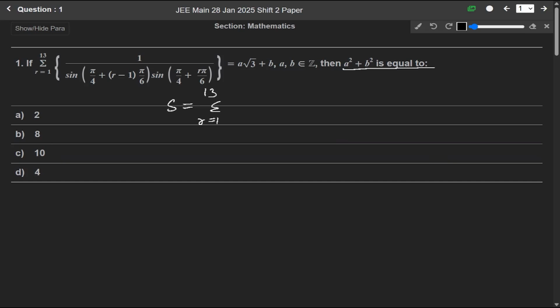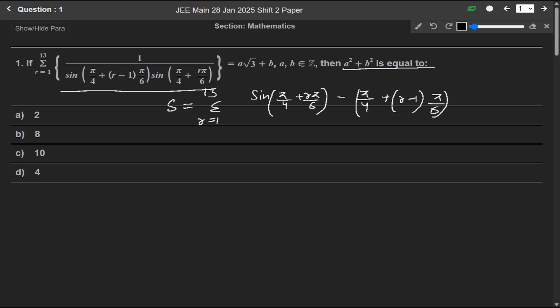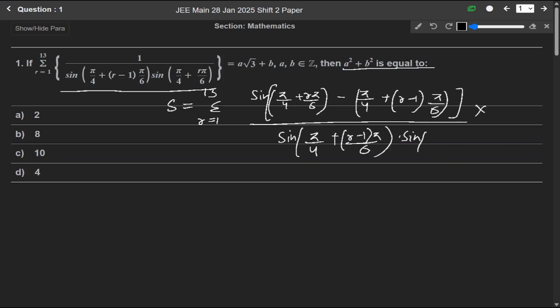So we are given the sum over r equals 1 to 13 of this term. We can write it as sine(pi/4 + r pi/6 minus (pi/4 + (r-1)pi/6)) in the numerator, with denominator sine(pi/4 + (r-1)pi/6) into sine(pi/4 + r pi/6), into 1 over sine(pi/6).